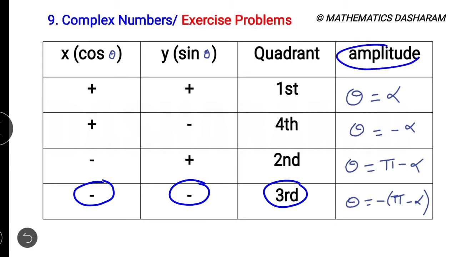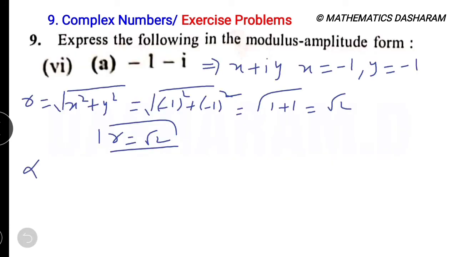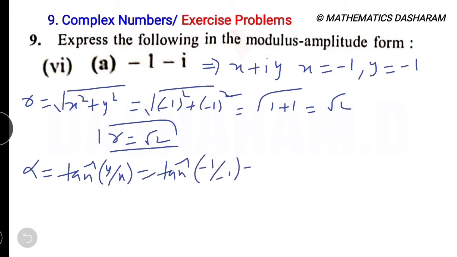Then the amplitude theta is equal to minus of pi minus alpha. So what is the meaning of alpha? Let's find out. Alpha equals tan inverse of y by x. So it is equal to tan inverse of, y value is minus 1 and x value also minus 1.